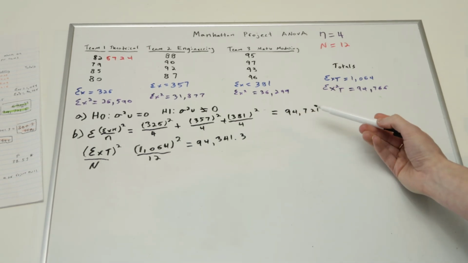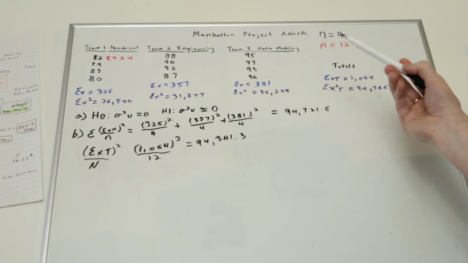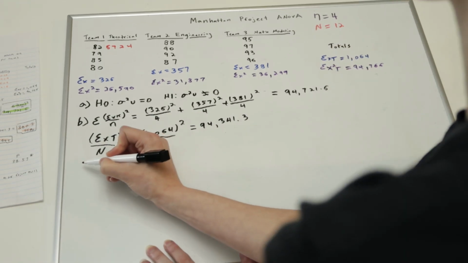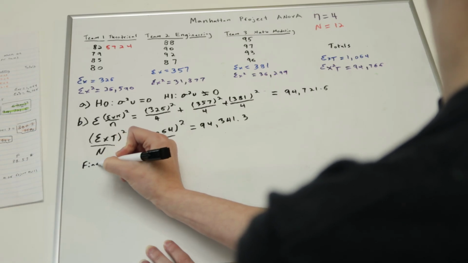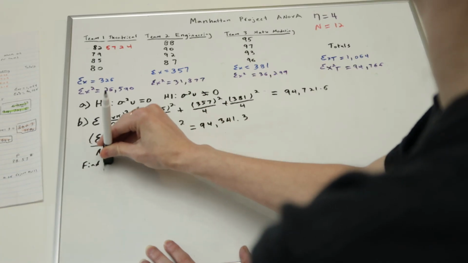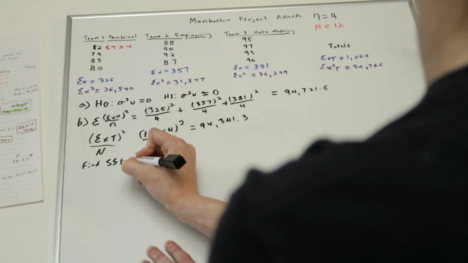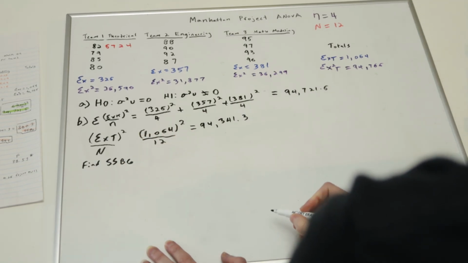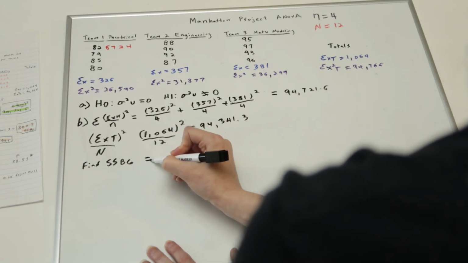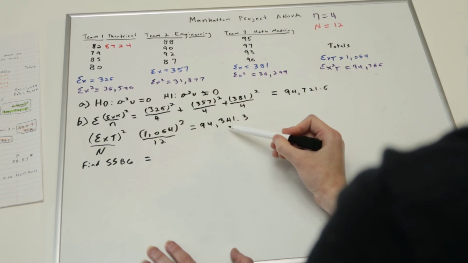Now you're going to take these numbers to find what's called your sum of squares between groups. So you're going to want to find the SSBG, and that is equal to this number minus this number.